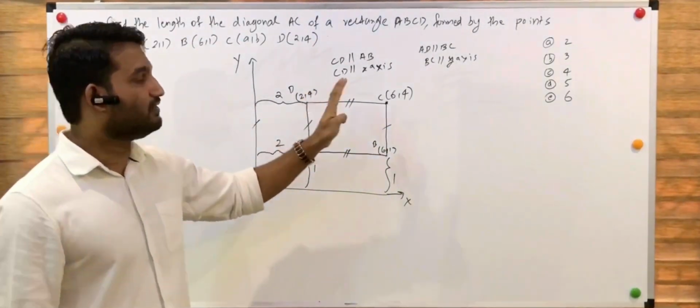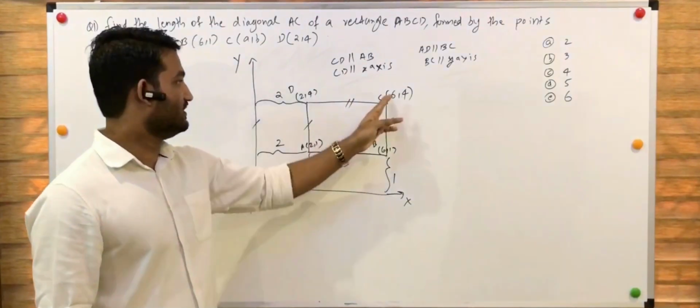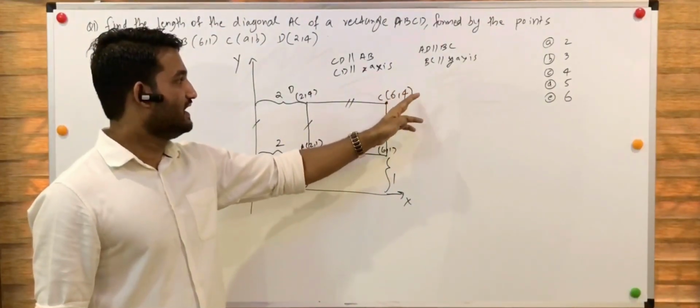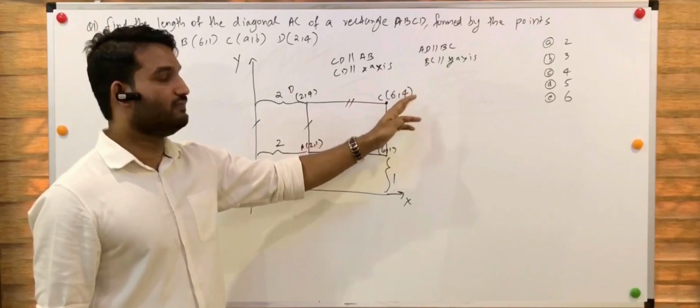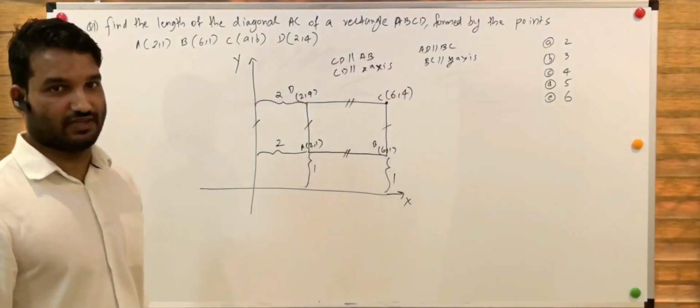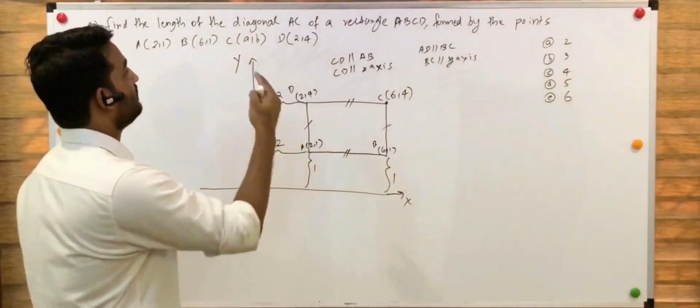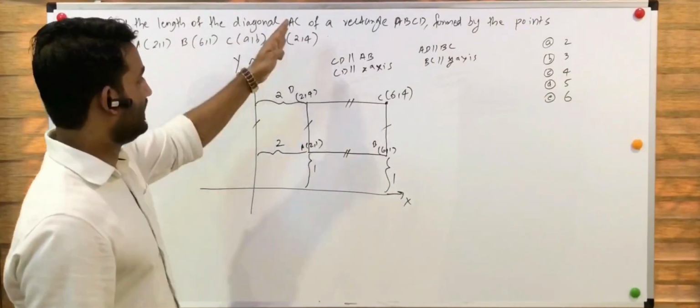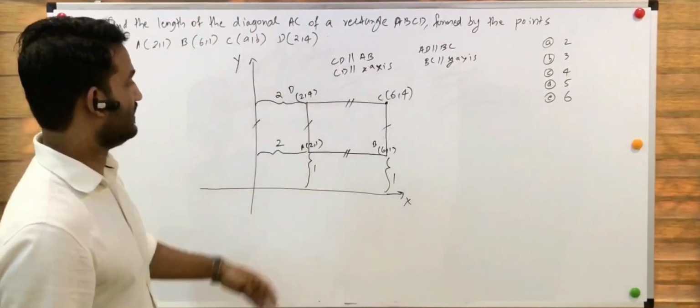Now we have found the two coordinates of C, x coordinate 6 and y coordinate 4, using this rough sketch. Now what we are asked to find is the diagonal AC of the rectangle.